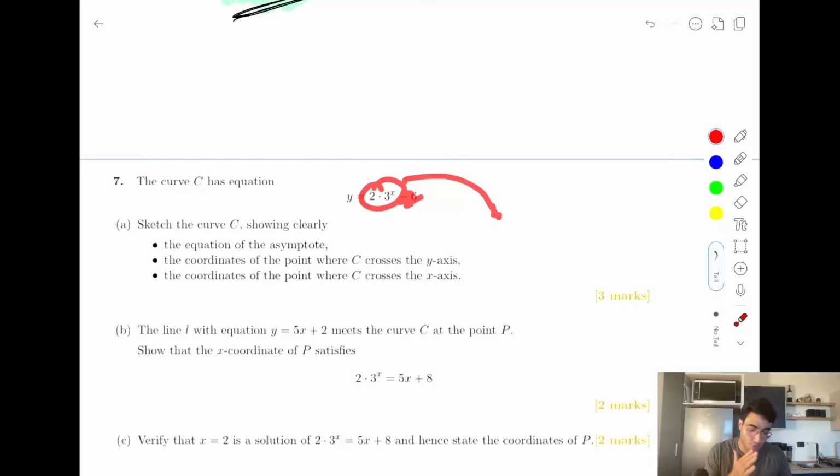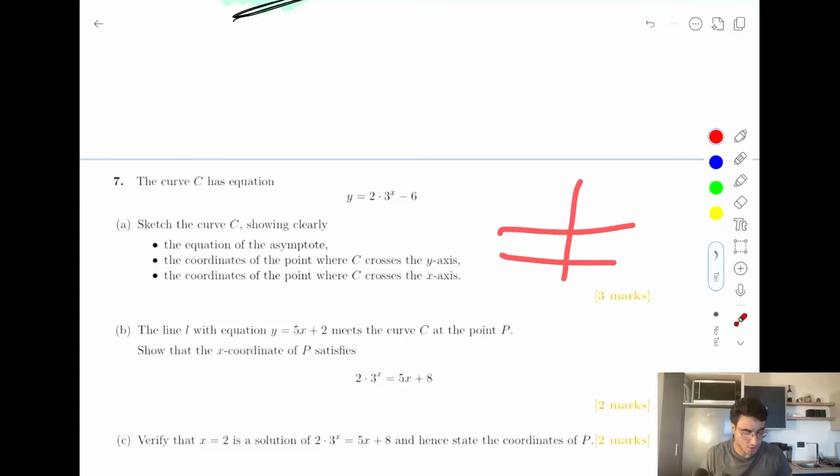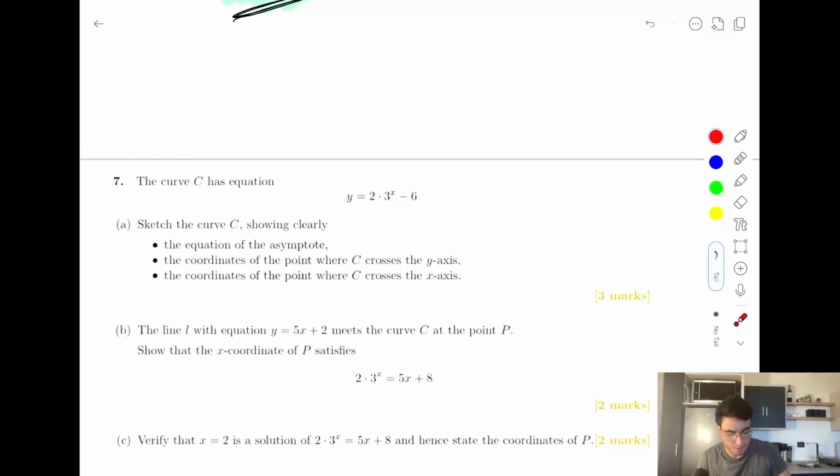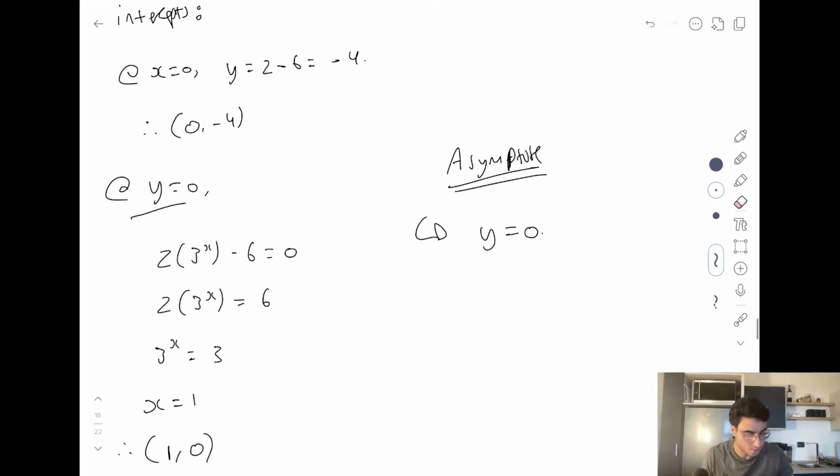We are never ever going to get to y equals 0, but we're approaching it. The minus 6, all it's done is shift it down. So what does that tell me? Well, it tells me that minus 6 must be our new asymptote. Because if this one is 0, and we're minusing 6, therefore our new asymptote is going to be minus 6.